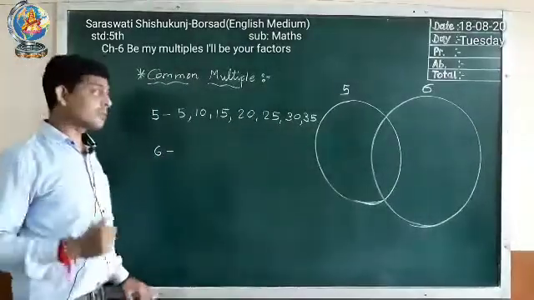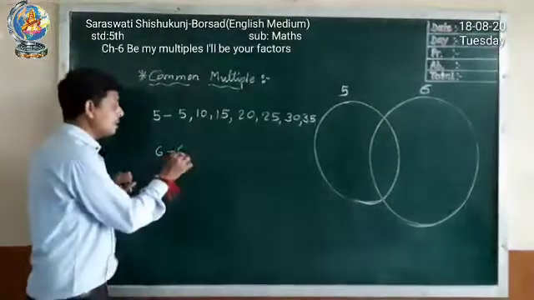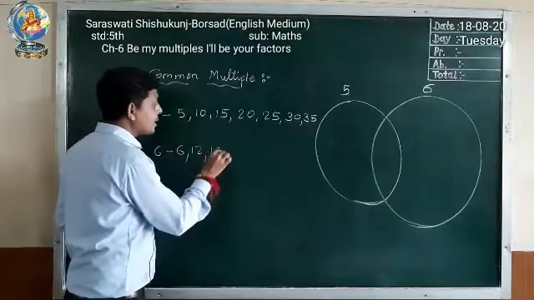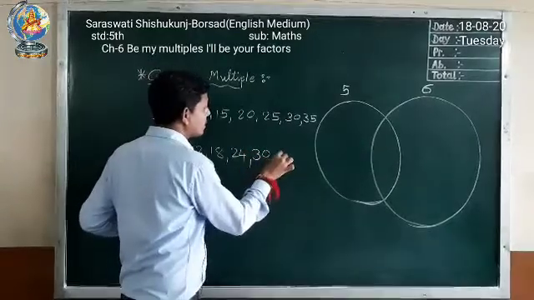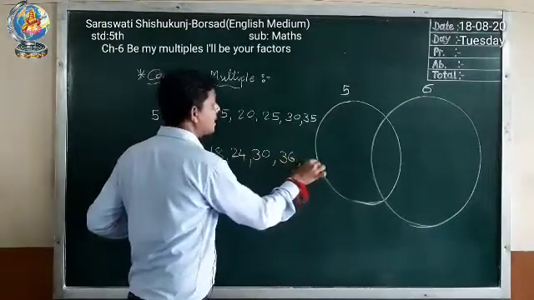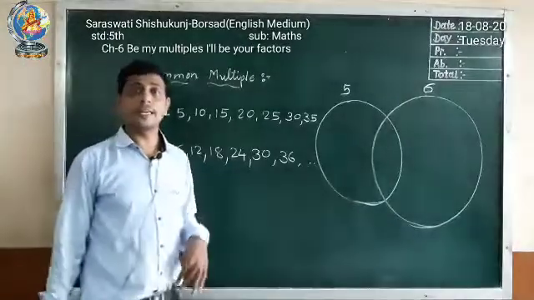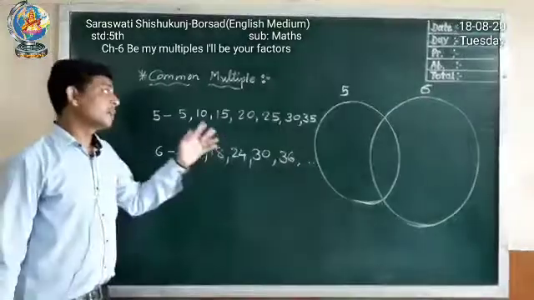It continues. Same way, now multiples of 6: 6, 12, 18, 24, 30, 36, then 42, 48. It is endless.